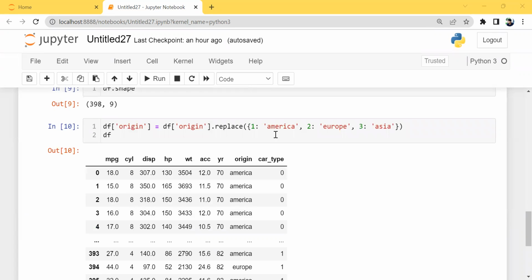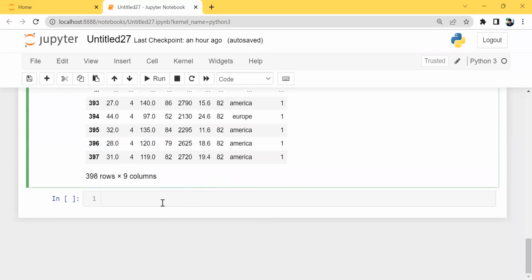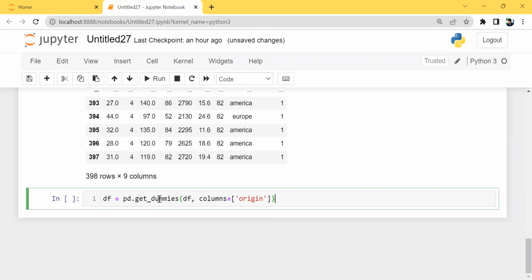Now, after replacing the labels 1, 2, 3 with the original values America, Europe, and Asia respectively, we can perform dummy encoding or one hot encoding. See, df equal to pd dot get_dummies.